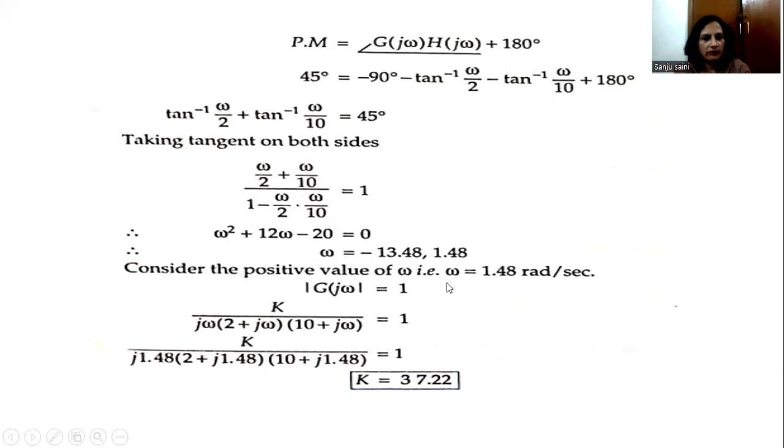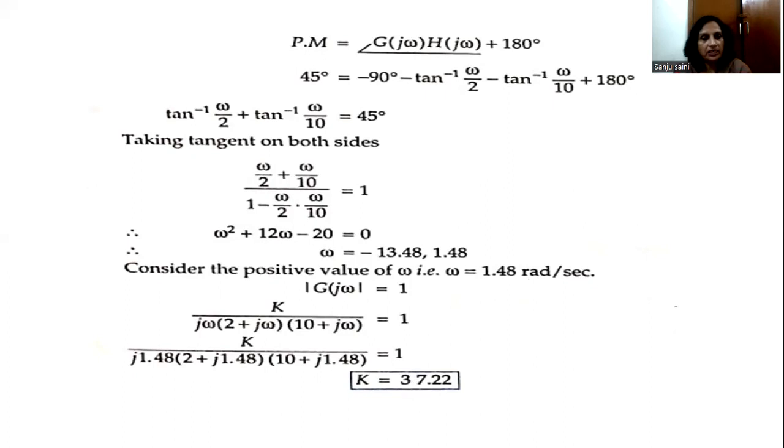Considering the positive value of the angular frequency, we are getting omega is equal to this. When we put omega equal to 1.48, the value of K is coming out to be 37.22. So this is the value of K so as to maintain phase margin equal to 45 degrees.